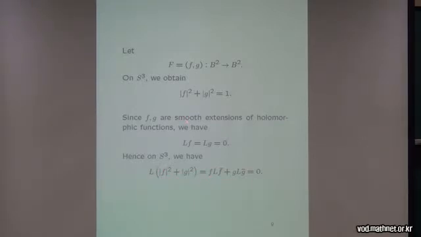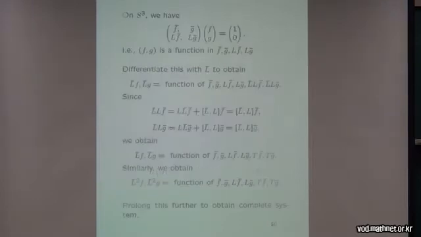So we have two equations here and here. So we write this in some kind of matrix form. So together we have a system of equations. Then we take the inverse of this. Then f and g are just functions of this.